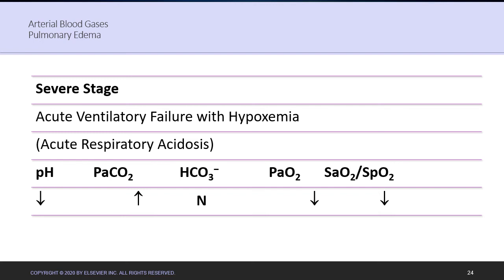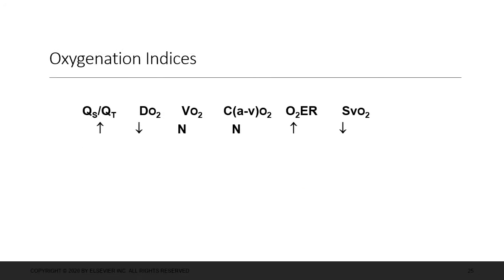The bicarb may still not have had a chance to change, depending on how long the person has had the condition, and a very diminished PaO2 and SaO2. A true emergency. Oxygen indices are reflective of this.